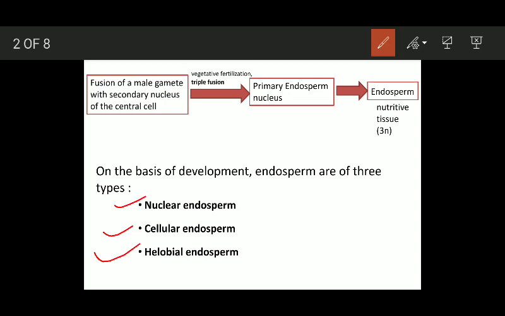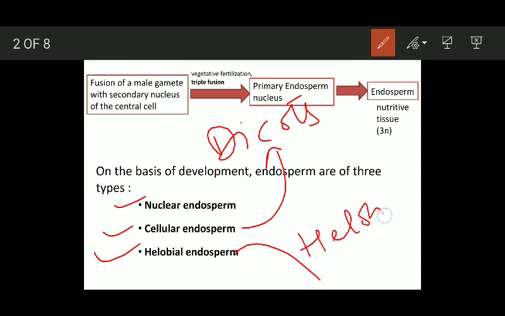Remember, the cellular endosperm is found in dicots. This one is found in a special group of monocots which are known as Helobials.